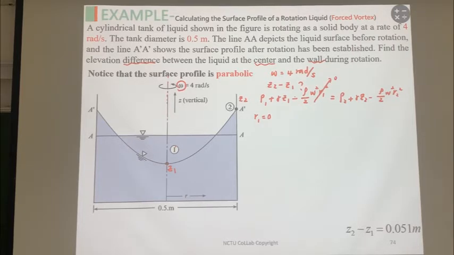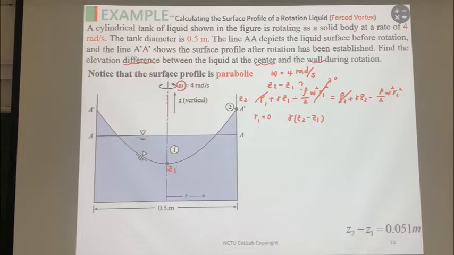And point 2 and point 1 are both exposed to the air, so the gauge pressure is equal to 0. So we don't have P1 and we don't have P2. So you take a look and make the summary. We summarize the formula in here as gamma Z2 minus Z1.